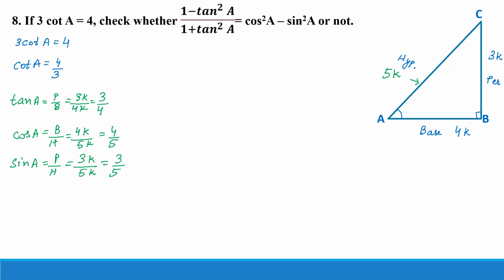Now we will put these values in the given equation. Firstly we will take the left hand side, which is equal to (1 minus tan square A) upon (1 plus tan square A).